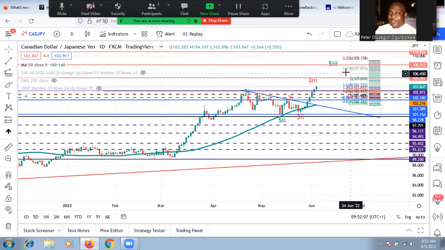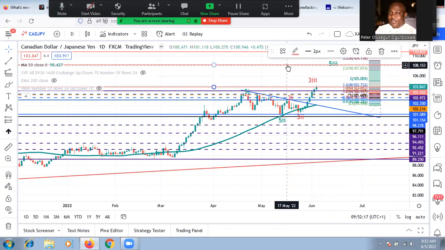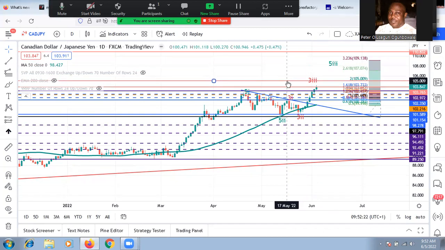Good. So we may have it stored at 61, which is here, and price is about breaking that level now. We may have it stored at 200.